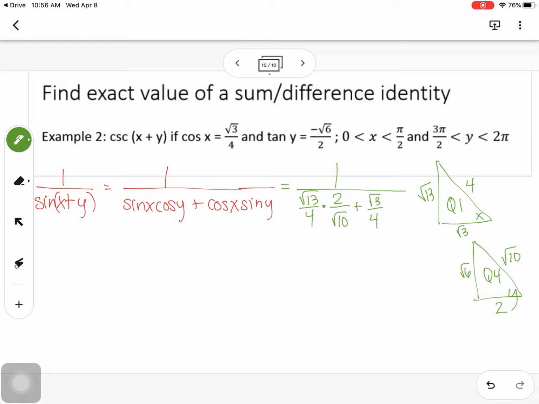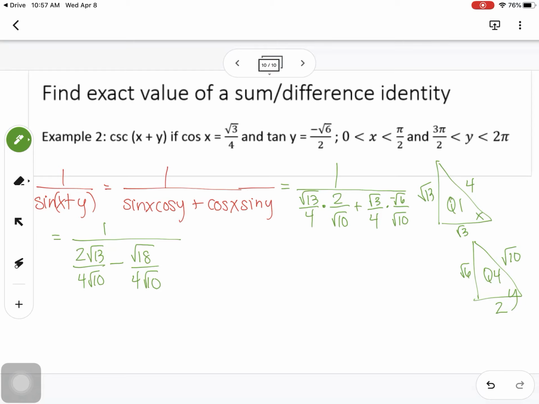And the sine of y is going to be the square root of 6 over square root of 10, which is going to be negative. When I go ahead and do some of this multiplication, it's going to be 2 root 13 over 4 root 10 plus, oopsie, sorry, now this is minus square root of 18 over 4 root 10.